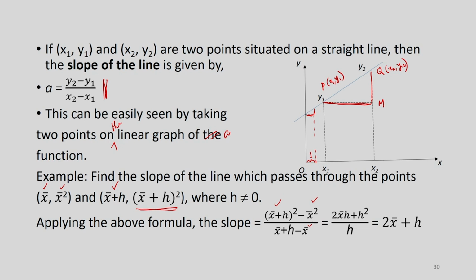So, I have put everything here and then I will simplify this, and from this expression to this expression, what you are doing is that you are cancelling h from the denominator and the numerator, and you are getting 2 x bar plus h. So, this is the slope of the straight line.